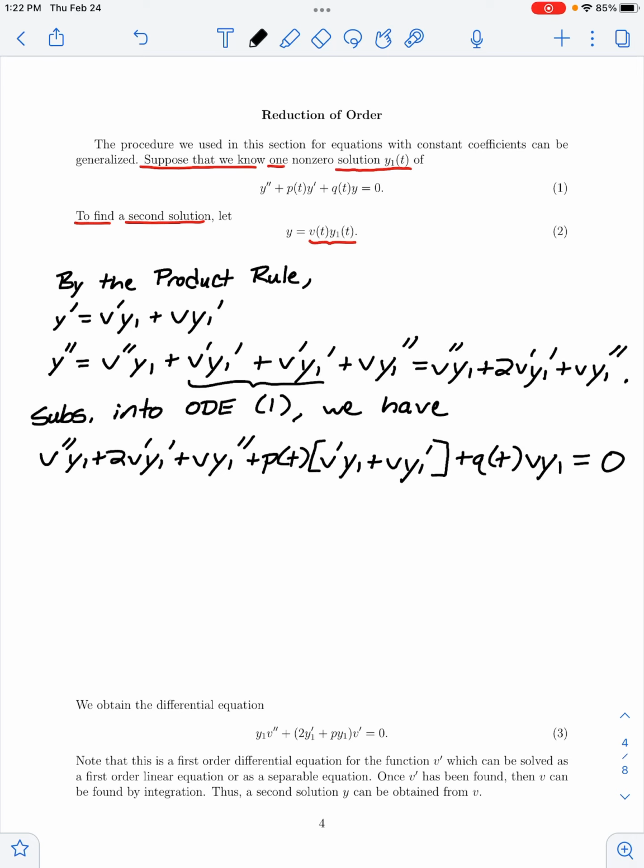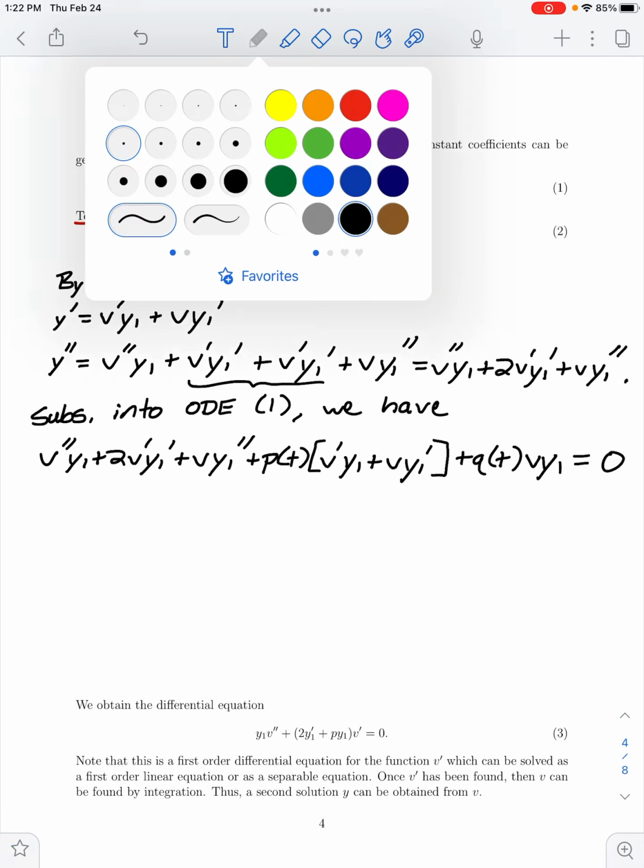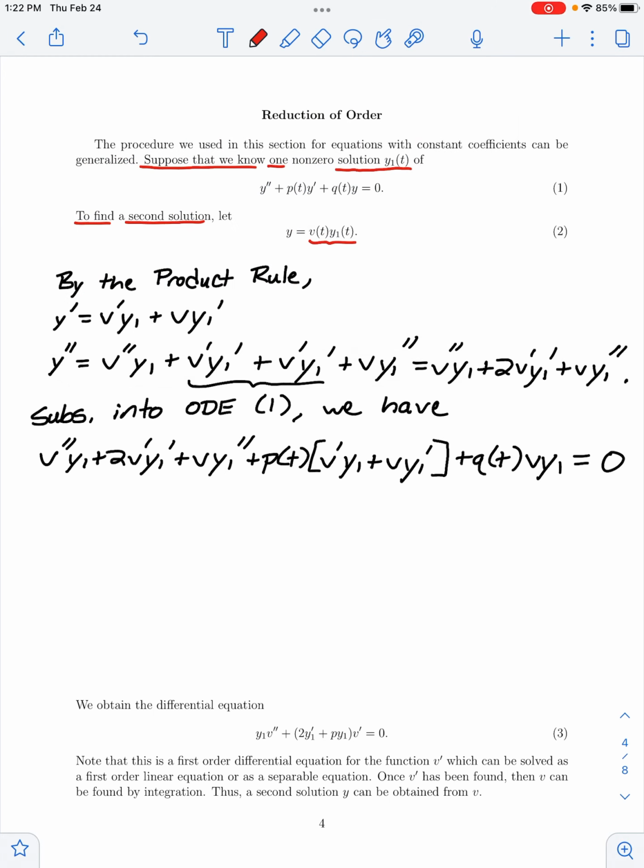So now if we expand everything and collect like terms based on the order of the derivative of v, let's see what we have. Let me start by collecting everything that involves v double prime. And the only expression I have with the v double prime is this first one. So we have our v double prime times y1.